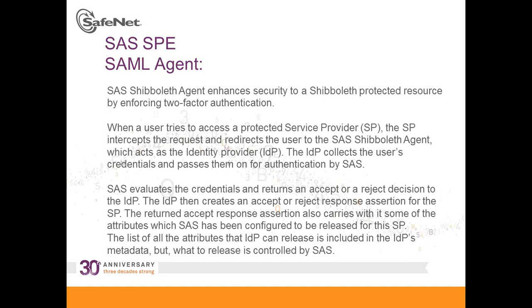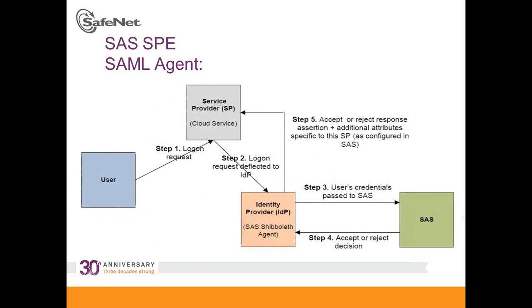It returns the access response assertion, which also carries some information attributes that can be configured in SAS to be released for the service provider. So effectively in step one, the user tries to authenticate to a service provider cloud service. Step two, the logon request is redirected to the IDP.